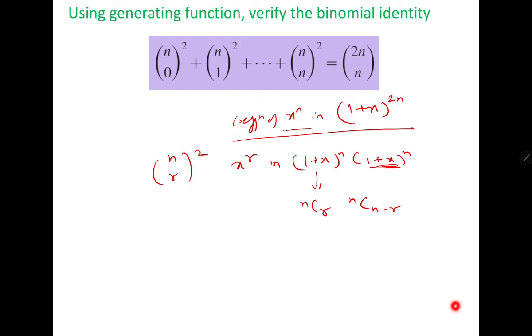So from the two brackets, when you need the coefficient of x raised to the power n, if from one bracket you choose x raised to the power r, in the other bracket you have to choose x raised to the power n minus r, and they both multiplied give you the coefficient of x raised to the power n. Now nCr and nC(n minus r) is the same as nCr whole square, which we have already discussed, and this justifies the left hand side.